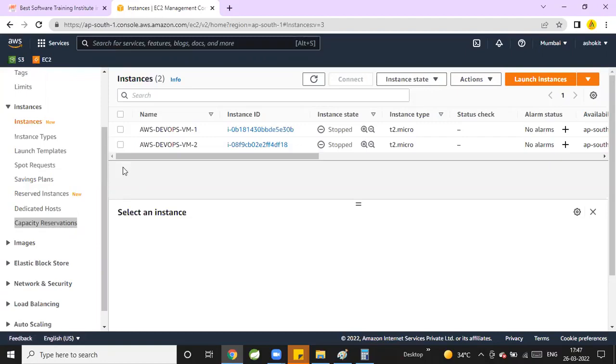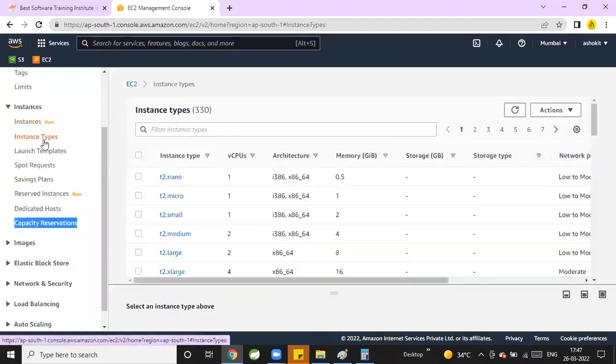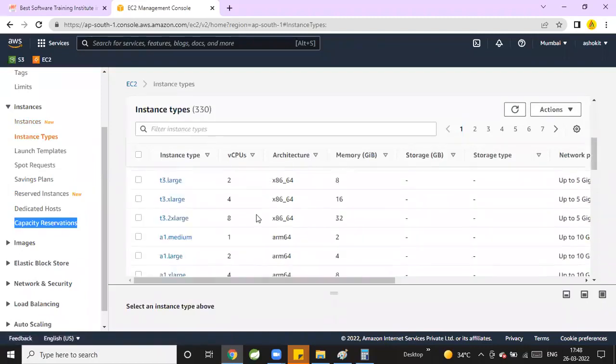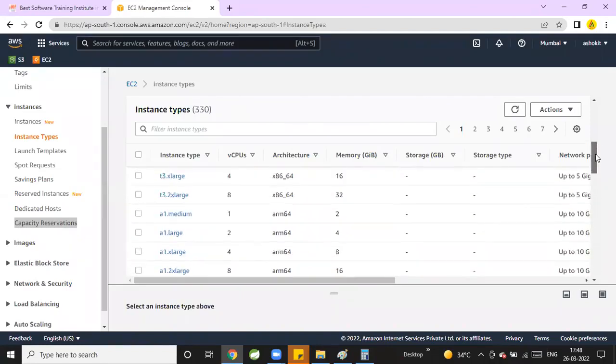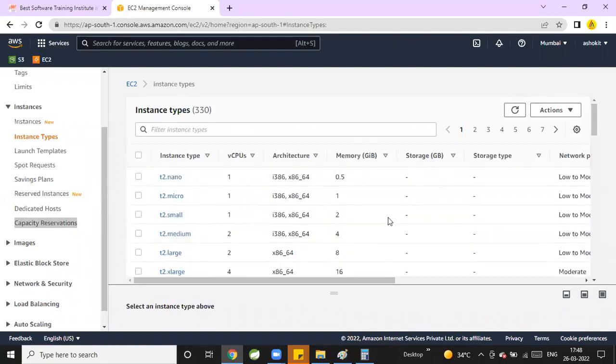Now, what is the meaning of instance types? What are the instance types that AWS is supporting? How many types of instances is AWS supporting, guys? 330 types of instances AWS is supporting.